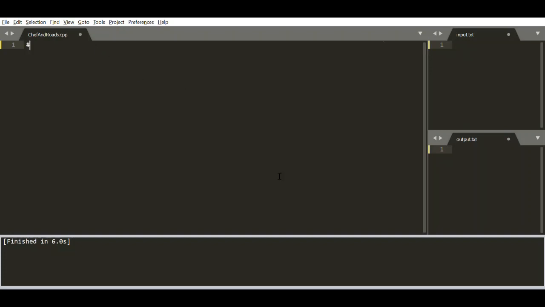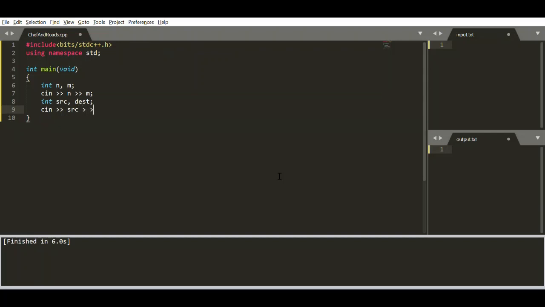Okay, let's get to the code then. Let's save it. Give me a second, I'll just get all the input and then we'll get to the main code. Why I'm minusing?